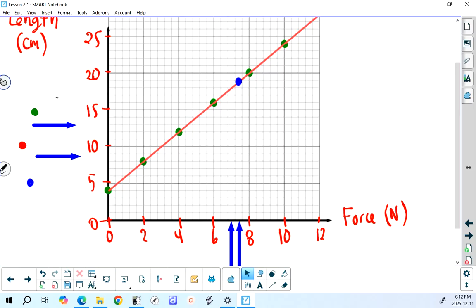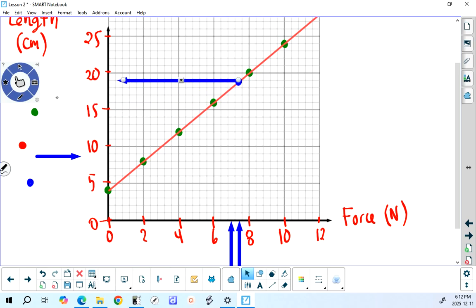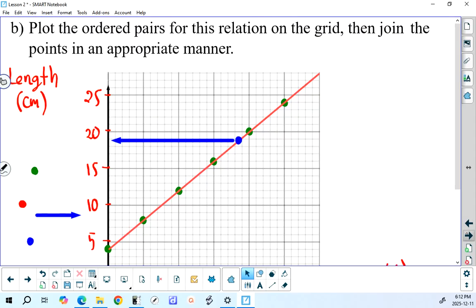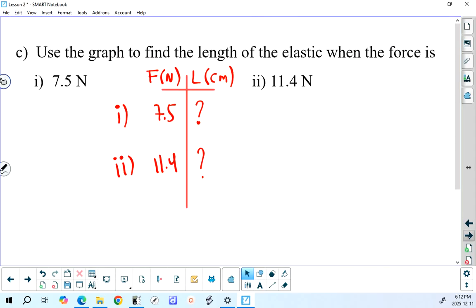So now what I need to do is read that back to the axis. I need to look over here and read that coordinate. And it's looking as though it's a little bit less than 19. I'm going to say 18.8. And that's my best guess here, 18.8.